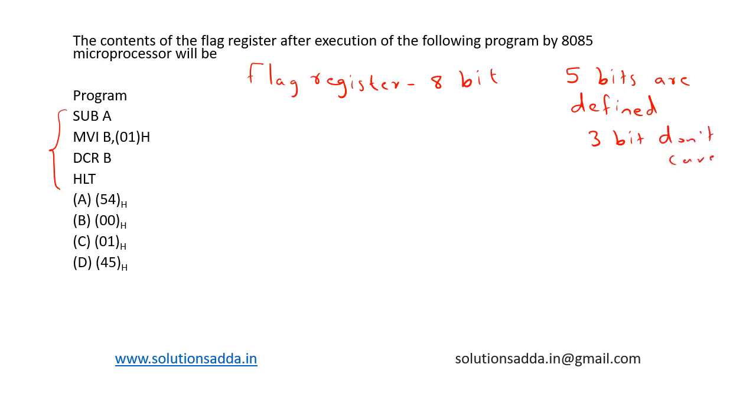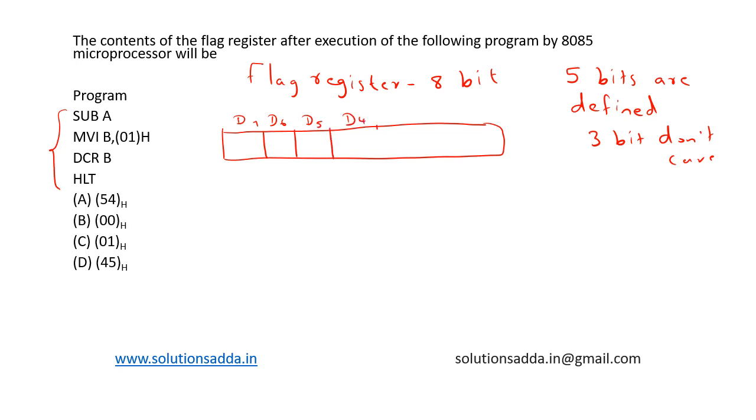And the bits are defined as follows. We have D7, D6, D5, D4, D3, D2, D1 and D0. The bits defined are S, Z, don't care, AC, don't care, P, don't care and CY.